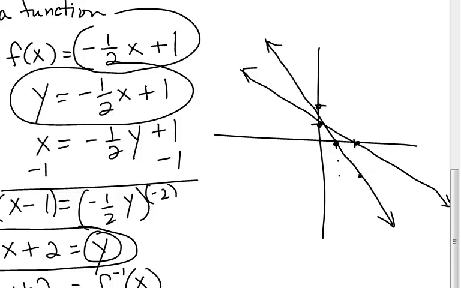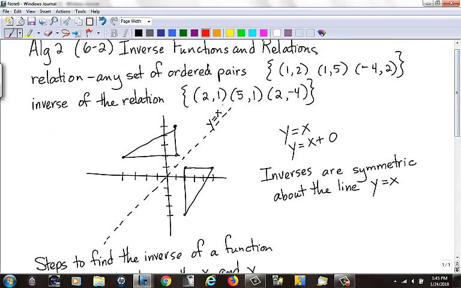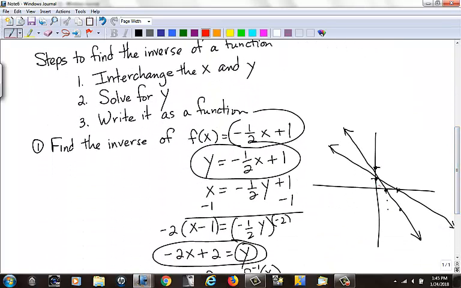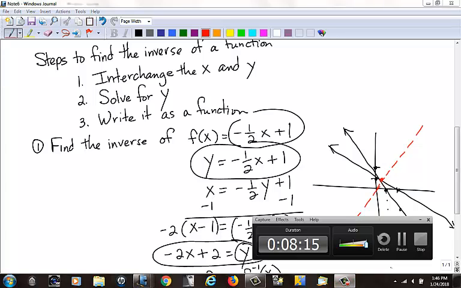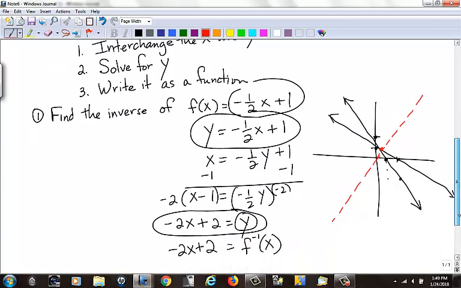And then if you graphed the line y equals x, it ought to be symmetric about that line. Okay, so let's stop there a minute. You can see that those are symmetrical about that line, y equals x.